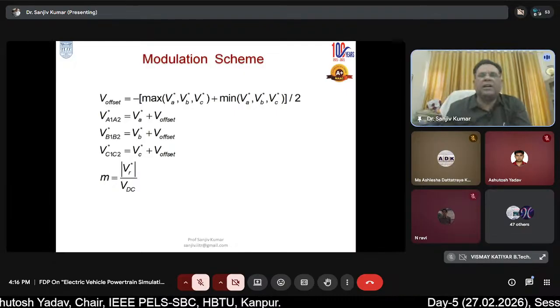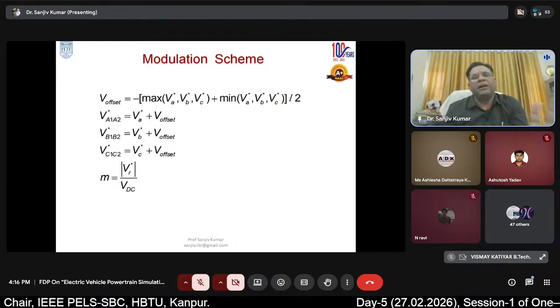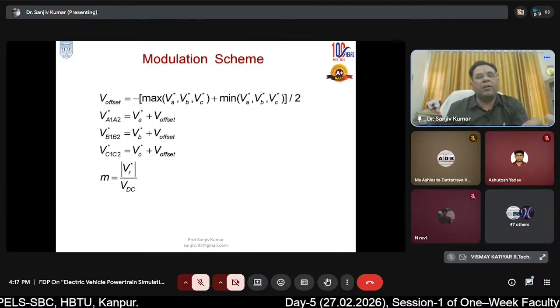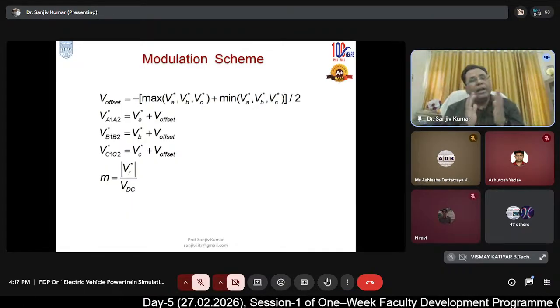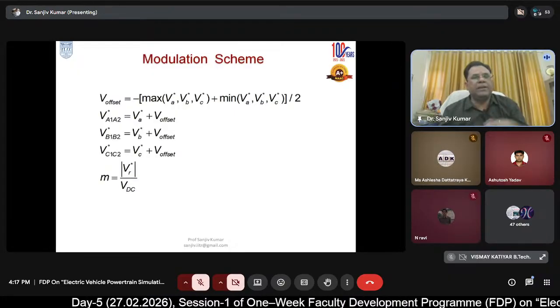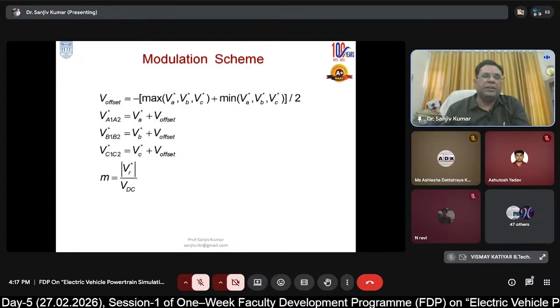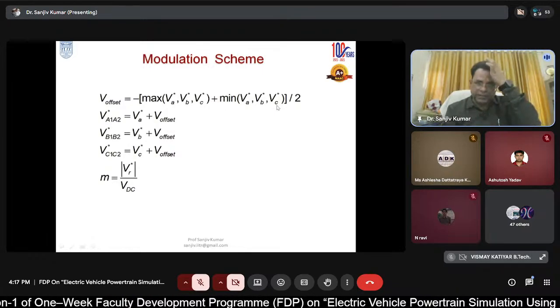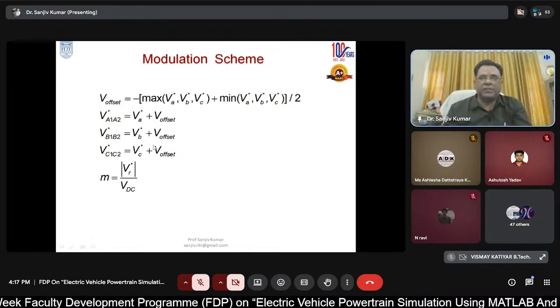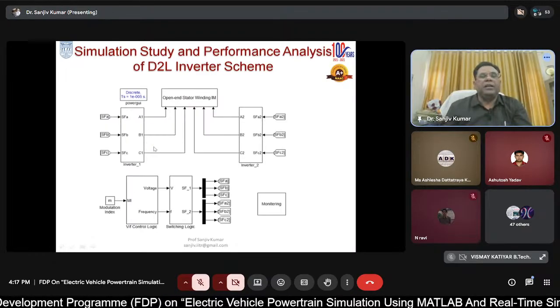Normal sinusoidal PWM is applied. The only difference is that we add this offset, which is the maximum of VA, VB, VC star plus the minimum of VA, VB, VC star.